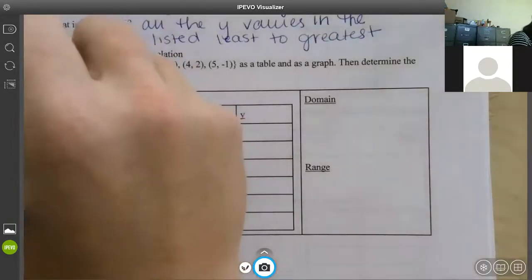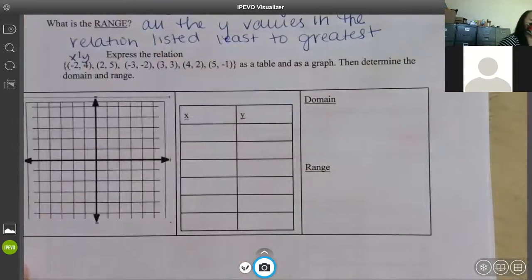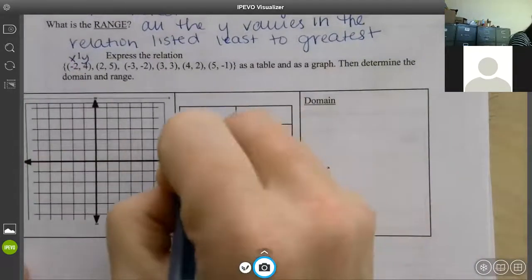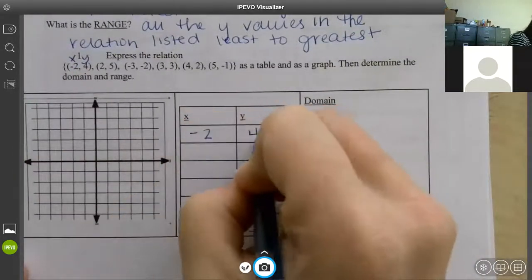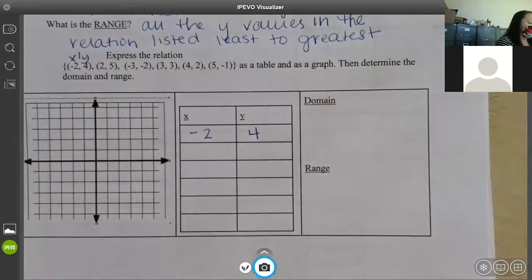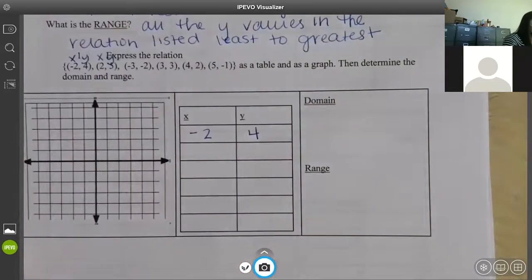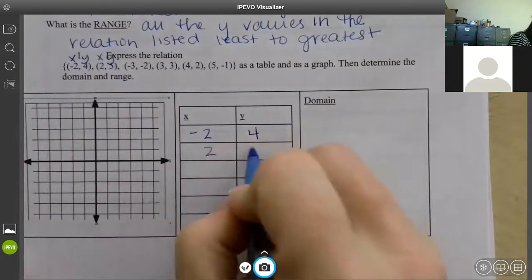Remember with our coordinates, we have X, Y coordinates. So -2 is your X and 4 is your Y. You write that just like that in the table. -2 is your X, 4 is your Y. Your next one, you have XY coordinates. We have a 2 and a 5.